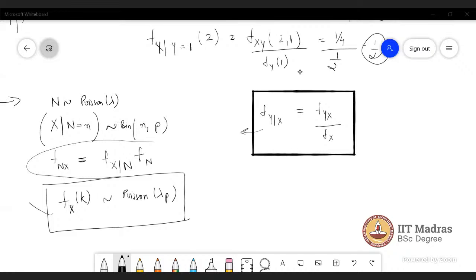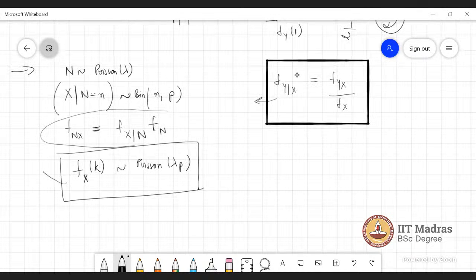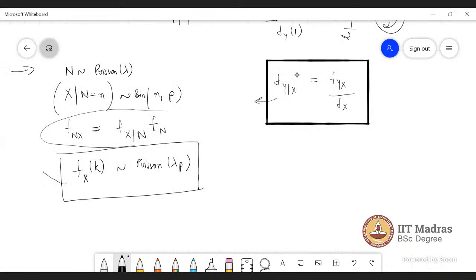What formula do we have to use here? f of x given n equals f of x, n divided by f of n, so that f of n will go there.